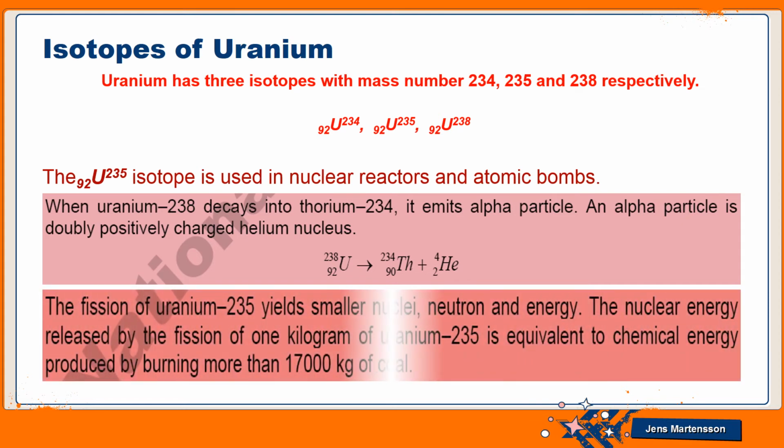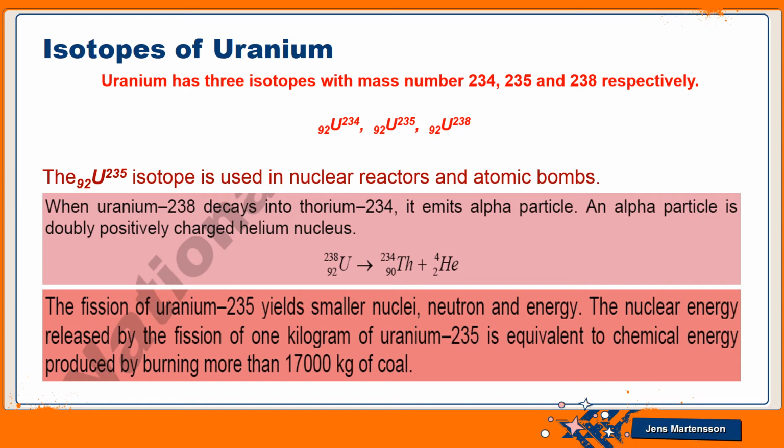Uranium 235 is used in fission reactions, and during fission, the uranium nucleus produces smaller nuclei, neutrons and energy. Fission is the process in which heavier nuclei are broken down into smaller nuclei.